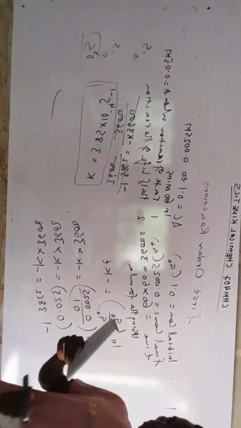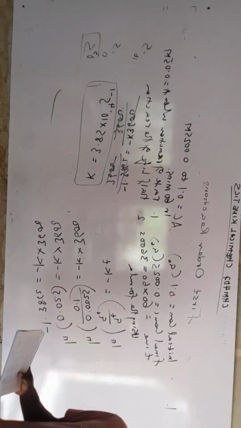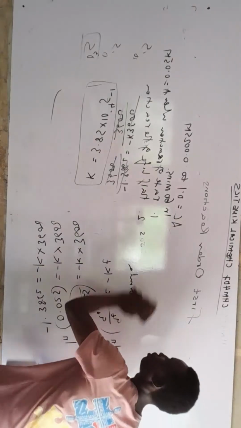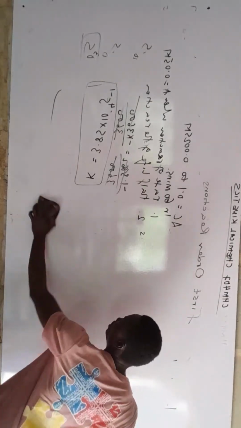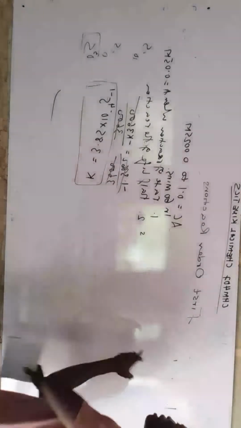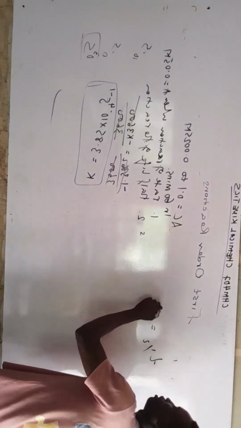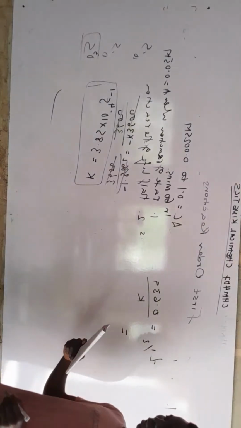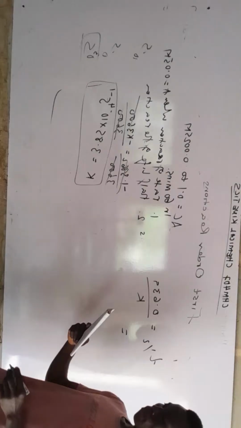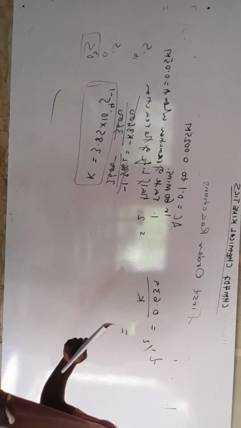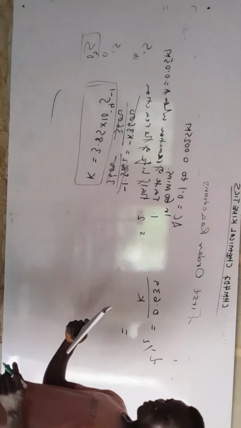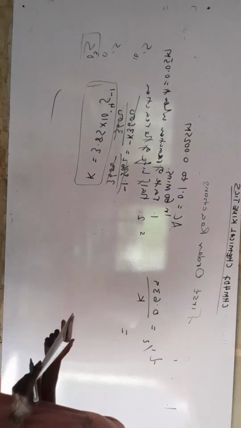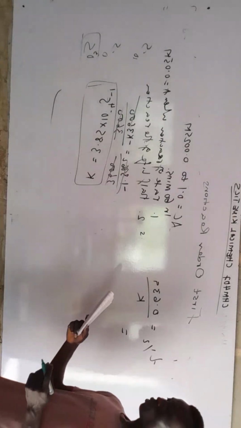Now, secondly, the question asks you to calculate the half-life. So how do you calculate the half-life? In order to calculate the half-life, recall the formula that I gave you earlier. I said half-life, t1/2 equals 0.639 divided by K. Now, as far as the first order is concerned, you have to be specific with what the question is talking about.